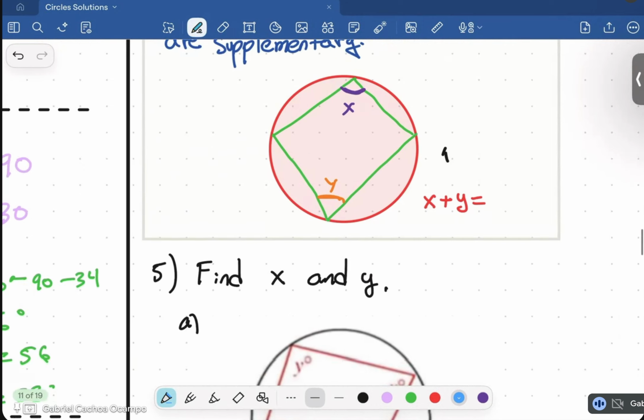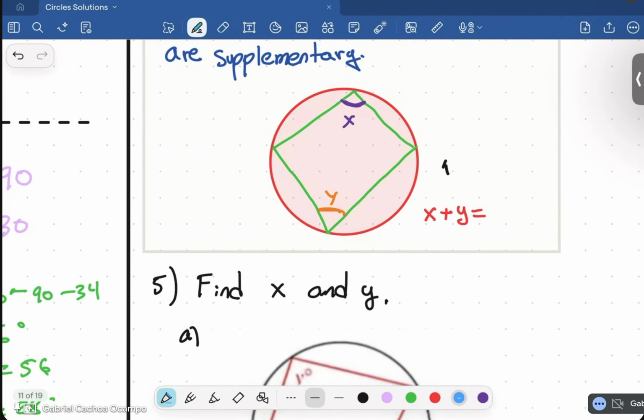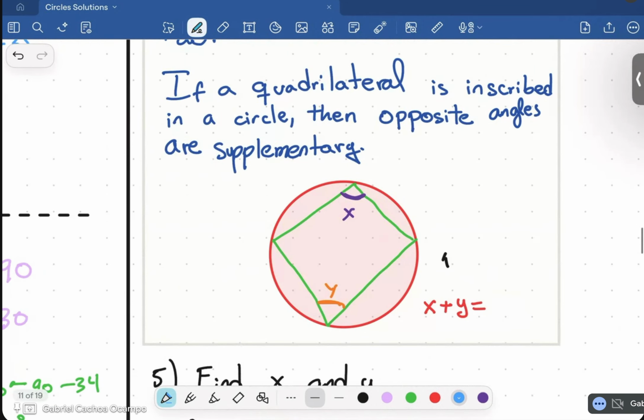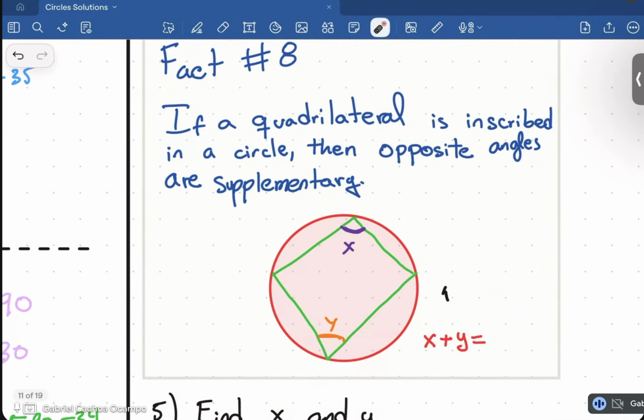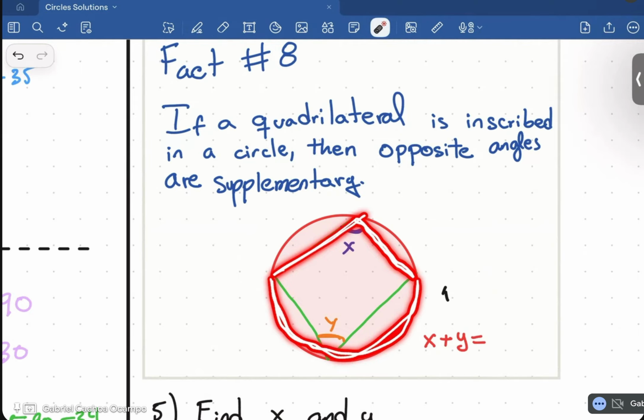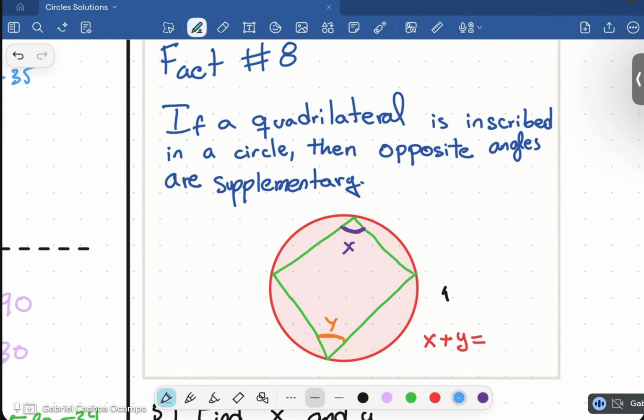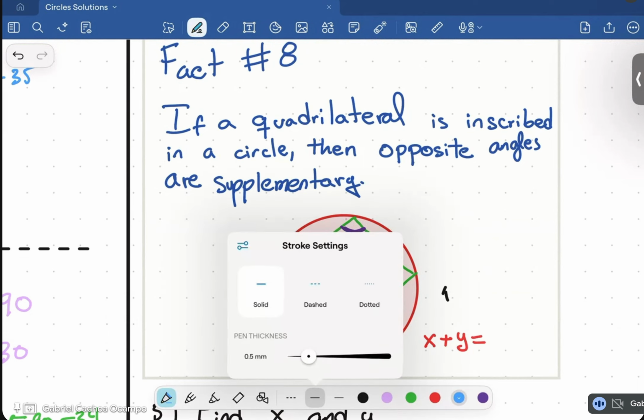Okay, now look at something. This is very interesting. If I have a quadrilateral inscribed in a circle, a quadrilateral whose vertices lie on a circle, that means that this arc, I'm gonna draw it and I can erase it later, no?